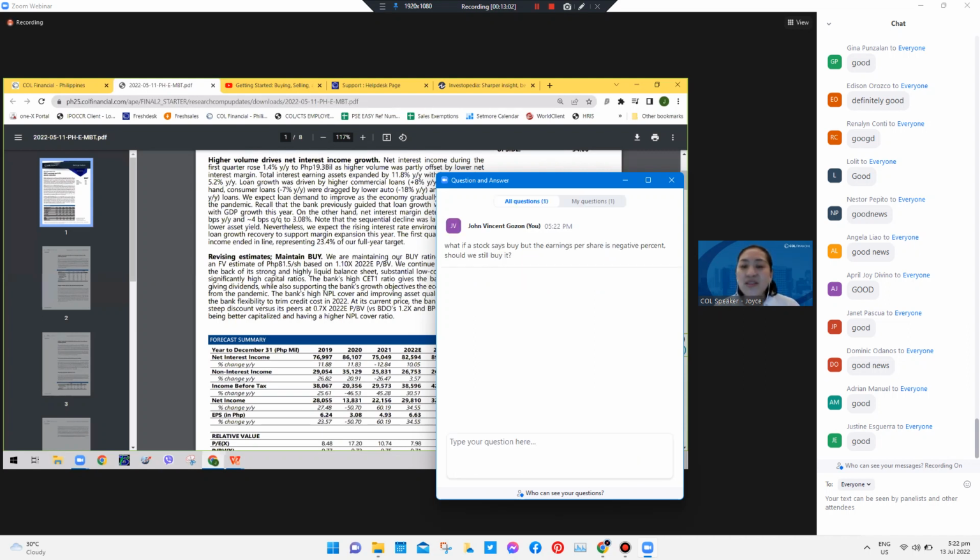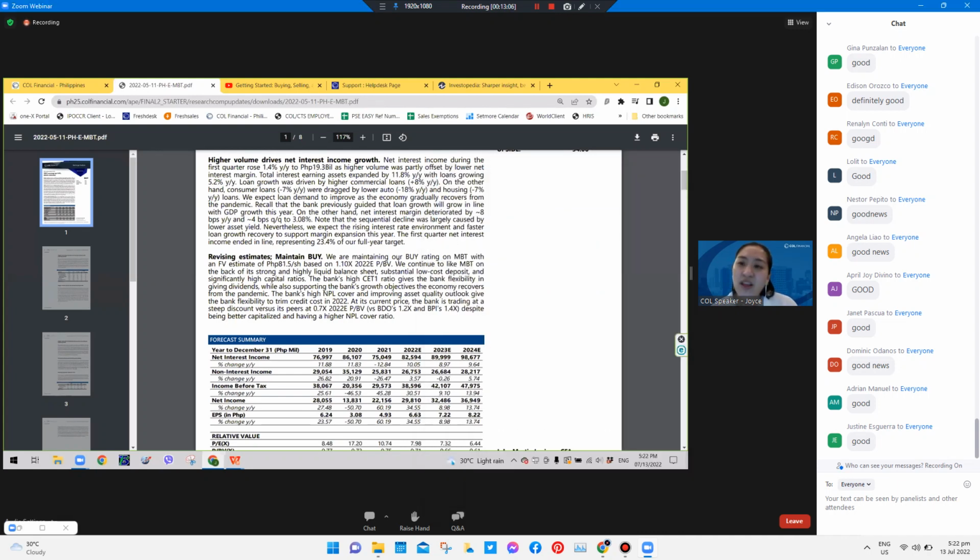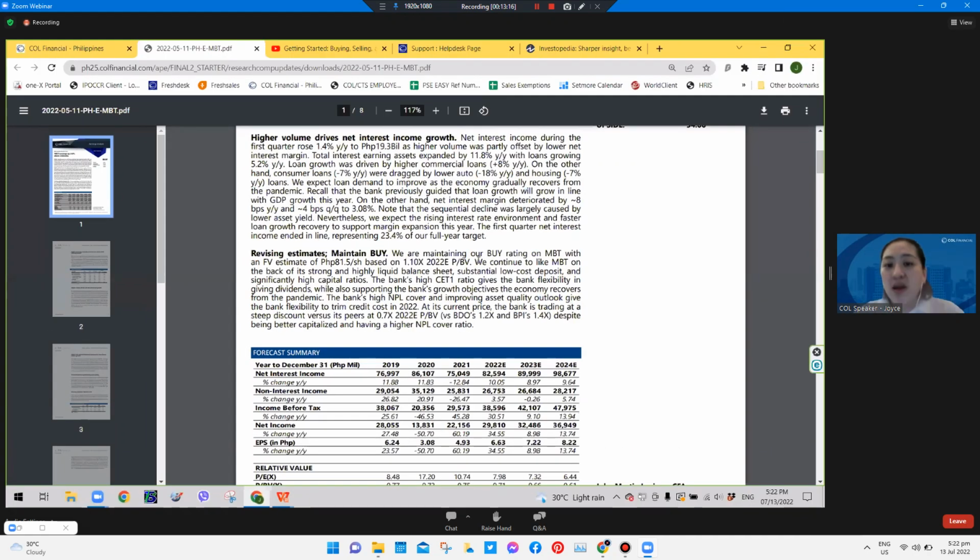So this is actually good news, and therefore Metrobank should be on your list of companies to watch out for or to invest in, because this is actually a stock that is cheap and at the same time recommended by our analyst here. Nice. And they are also earnings above estimates.